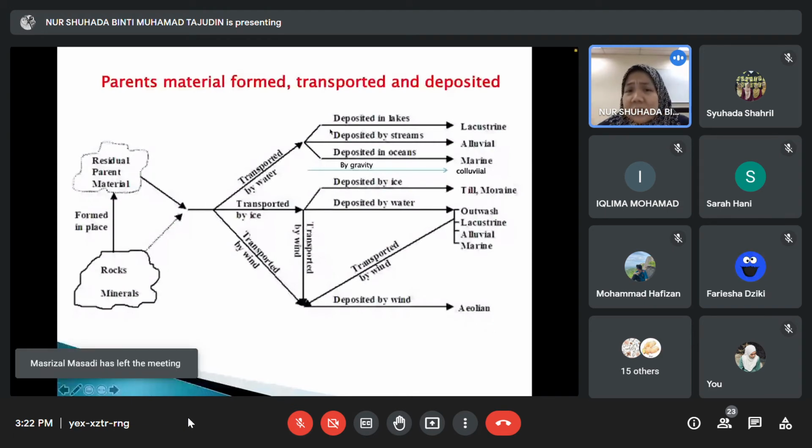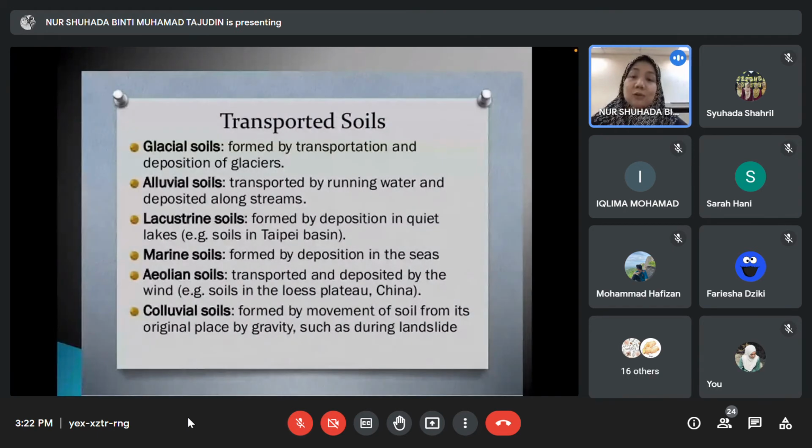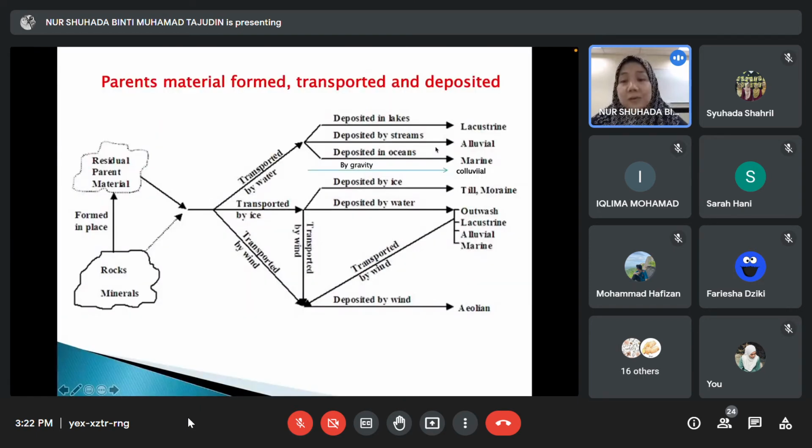If it's deposited in lakes, for example, macam gambar saya tunjuk tadi, the parent is the gunung tu. By water, for example, they are deposited in lakes, so kita call it lacustrine. Then if the soil is deposited by a stream, we call it alluvium soil.